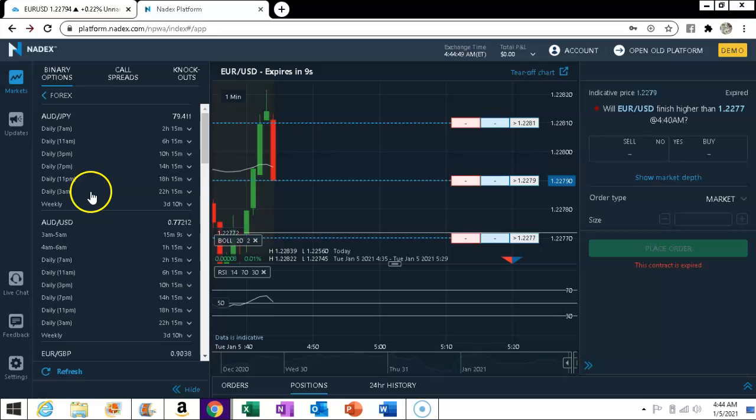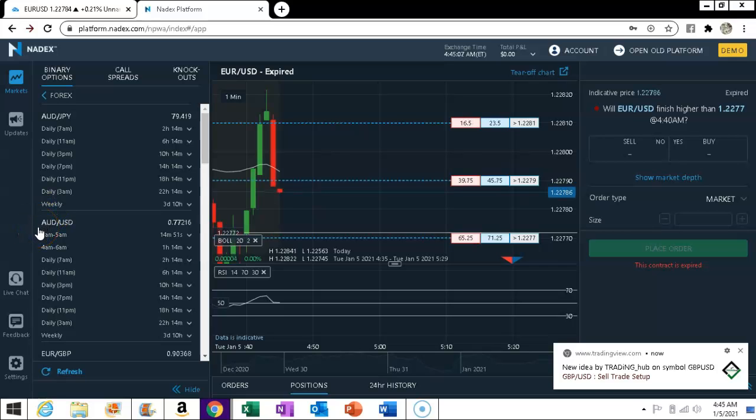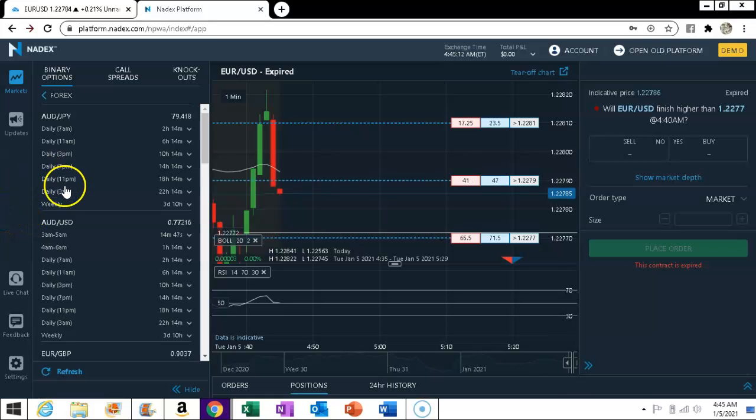So the day ends at 5 p.m., Monday through Thursday, and it reopens at 6 p.m., and then you can continue trading. The daily candle will close at 5 p.m. and the next day's candle will open at 6 p.m.